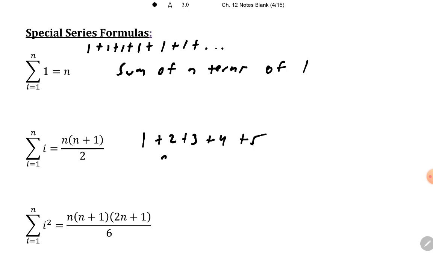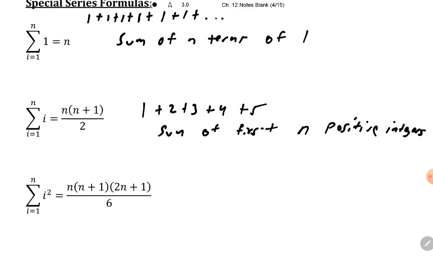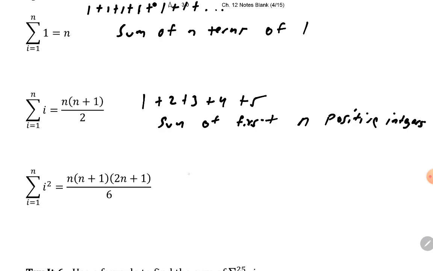This is the sum of the first n positive integers. This is the sum of squares.